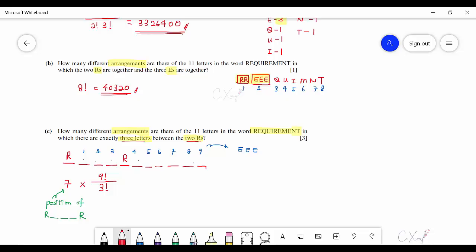Therefore, we do not need to consider dividing by 2 factorial, because we fix them position by position. So for this example, we get 4, 2, 3, 3, 6, 0. This is how we get the answer for part C.